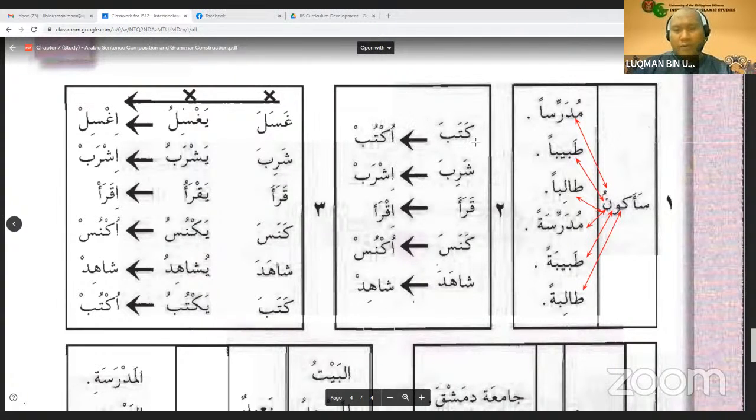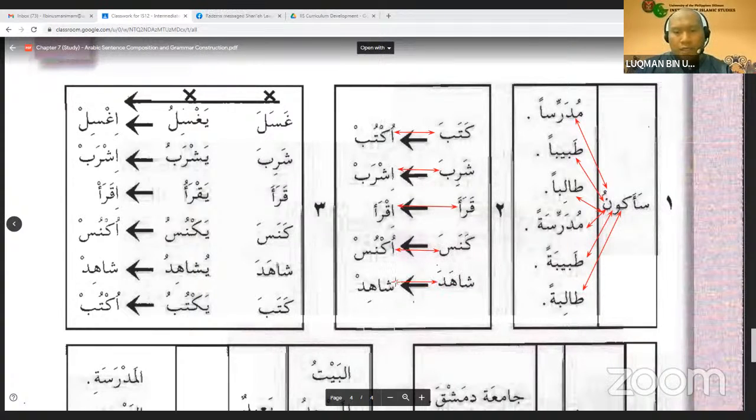Then the next table, read after me. These are from perfect tense to imperative tense. Kataba, uktub. Shariba, ishrab. Qara'a, iqra. Kanasa, uknus.